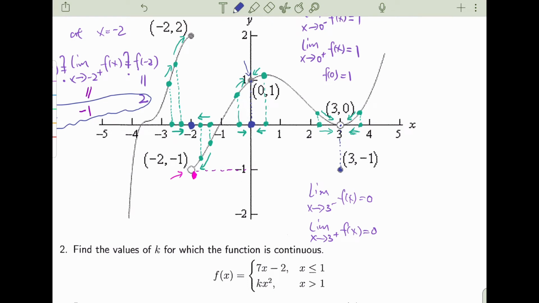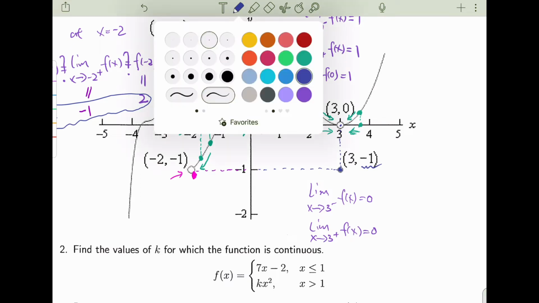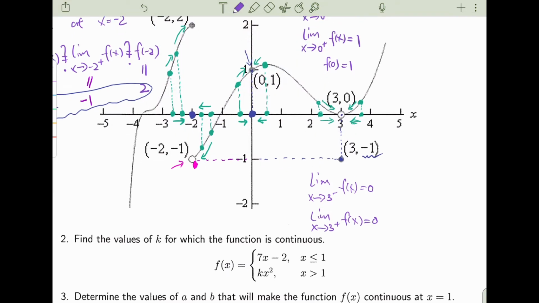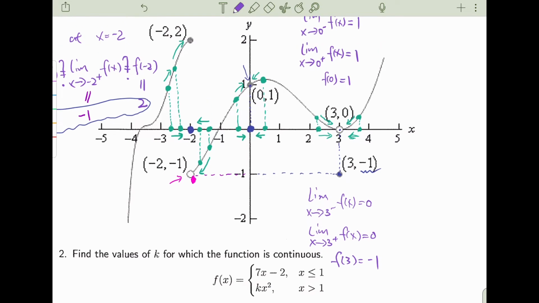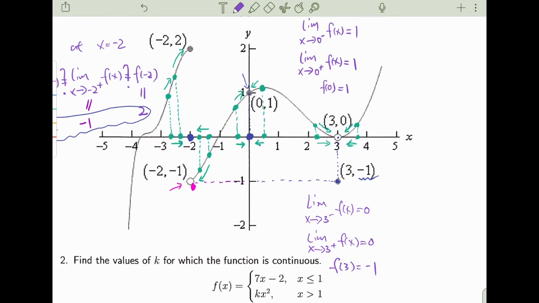So now we have the y value of this solid dot here, that is -1, right? So the value of the function evaluated at x equal to 3, it's -1.